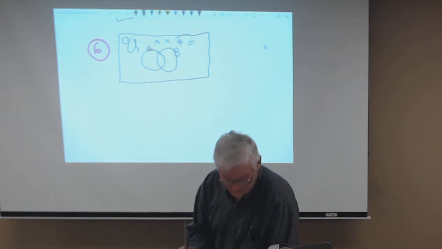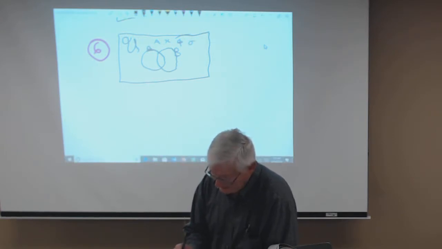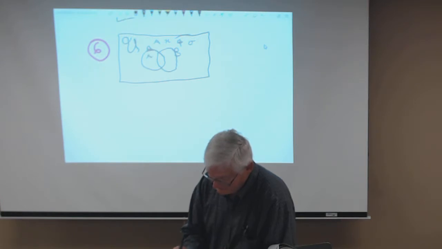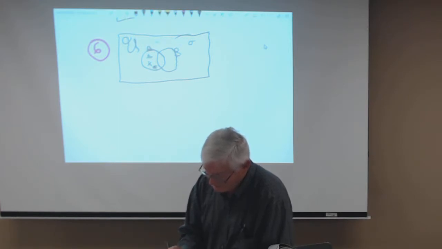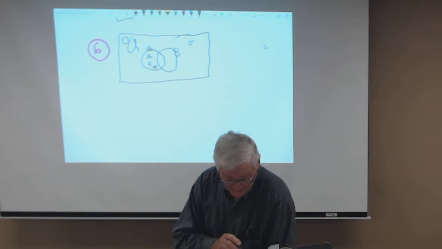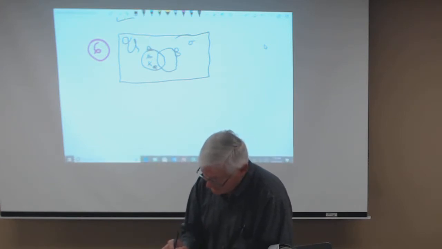But what does it say? A has ace, king, and queen in it, doesn't it? So I erase them up here. And what else does it say? B has king and queen. B has king and queen.